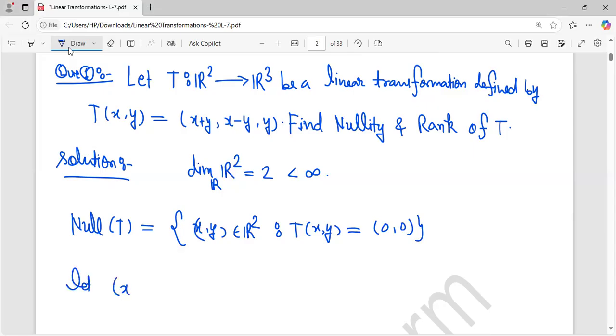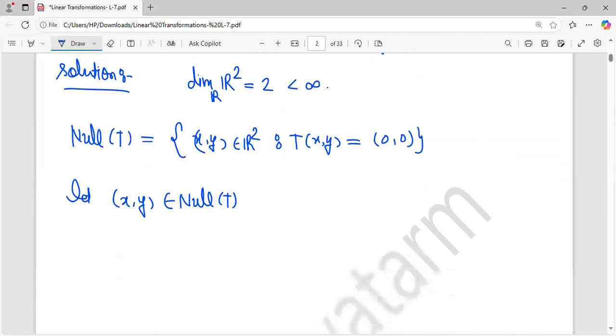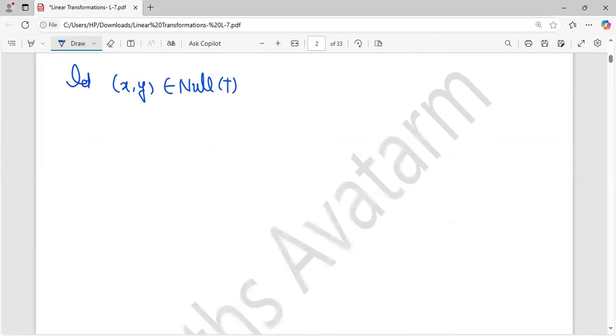So let (x, y) belong to null T. This implies T(x, y) is equal to (0, 0, 0).